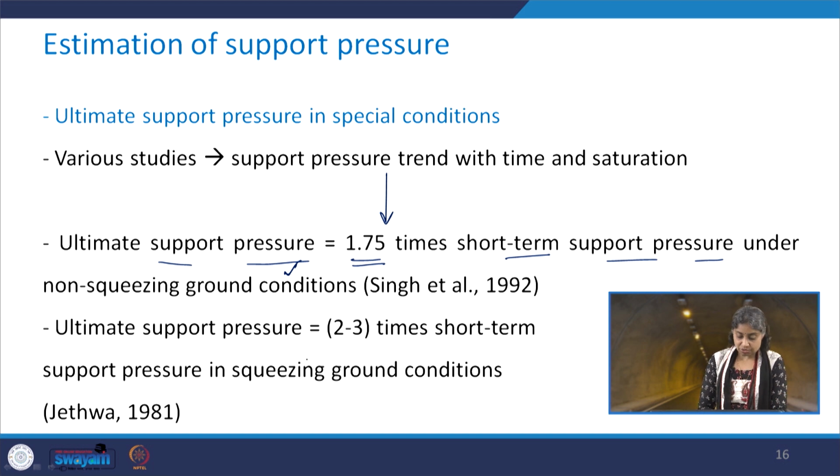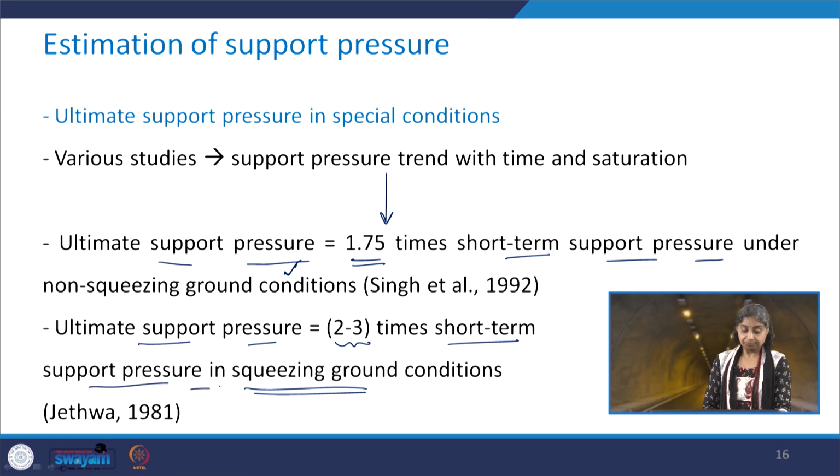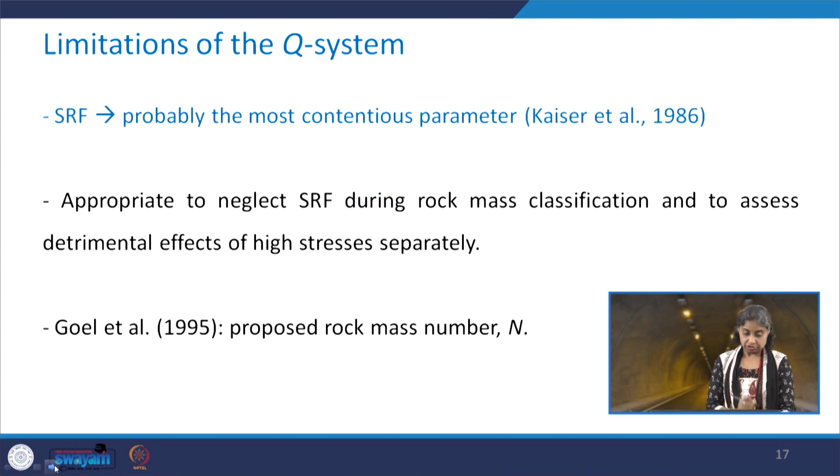But in case of the squeezing ground condition, this ultimate support pressure is to the tune of 2 to 3 times the short-term support pressure. So depending upon what kind of ground condition you are encountering in the field, you have to adopt the short-term support pressure. Once you obtain that, then accordingly you can find out the value of ultimate support pressure.